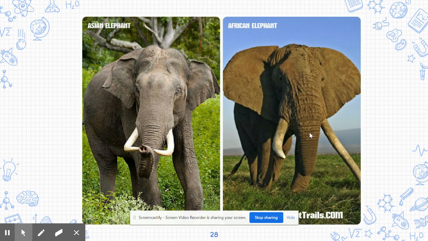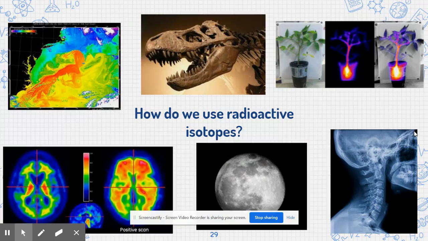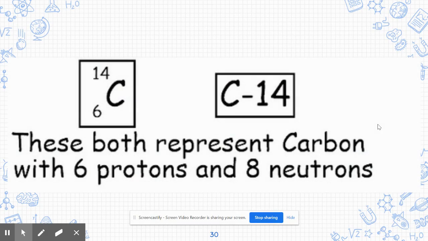So, an isotope. Here are two pictures of different elephants. They're both elephants, but one is an Asian elephant and one is an African elephant. So they're both elephants, but they're different species. In the same way, you can have an atom that's pretty close to being the same, like carbon here, but if it's an isotope of carbon, then it's slightly different.